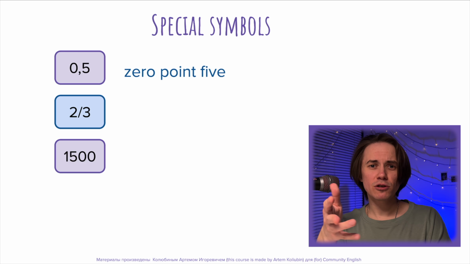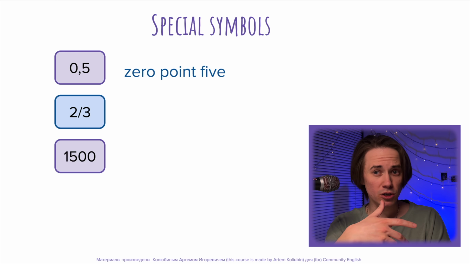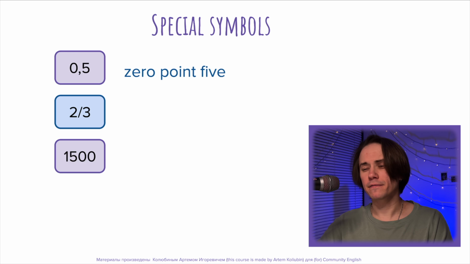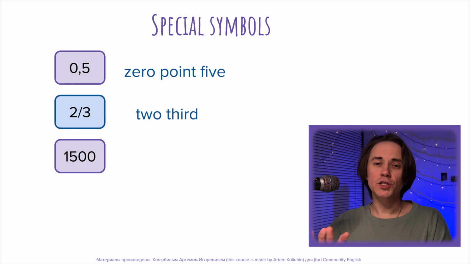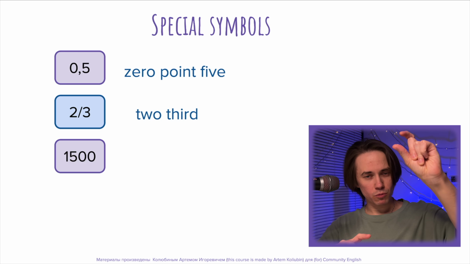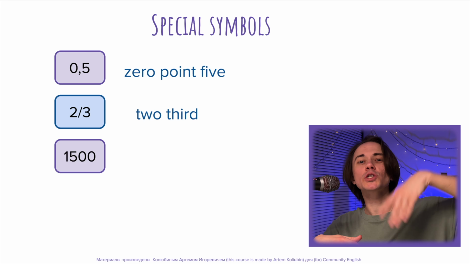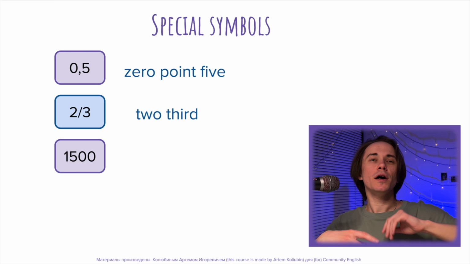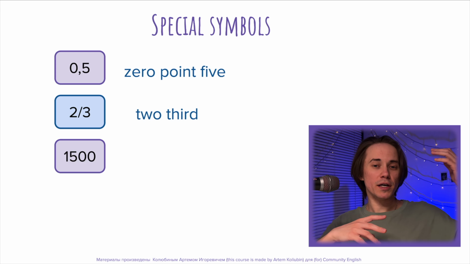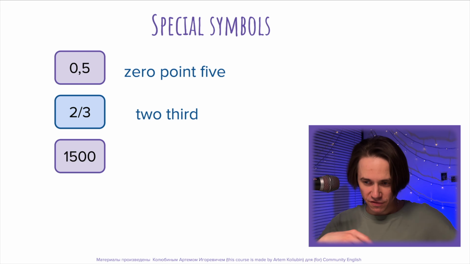If it's not 0, like 1.5, 2.5, of course you cannot skip. But if it's 0.5, you can say zero point five or just point five. Here we say it's two thirds. So the upper number would be just 2, 3, 4, like a regular number. The bottom one is going to be the ordinal number, like third, fourth, fifth, like two thirds.